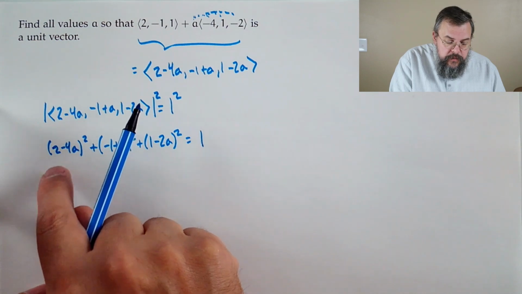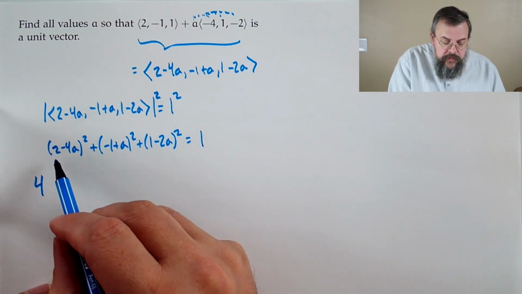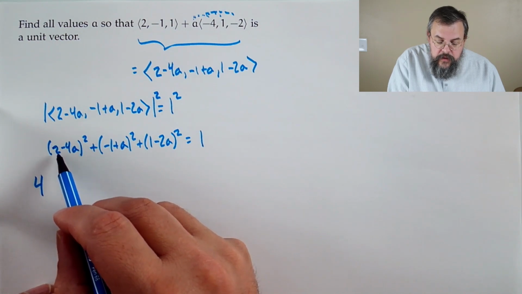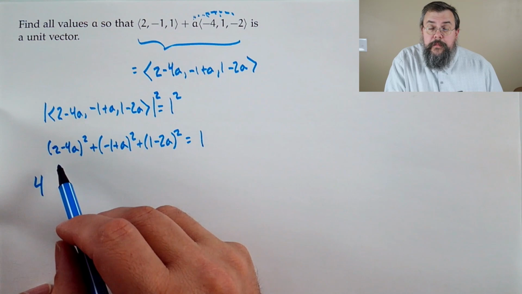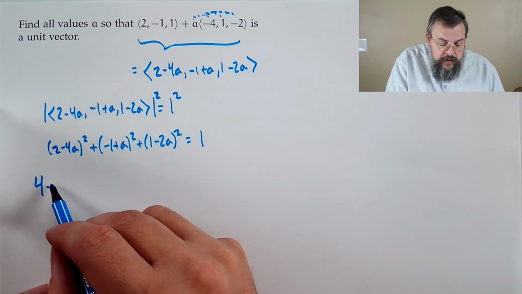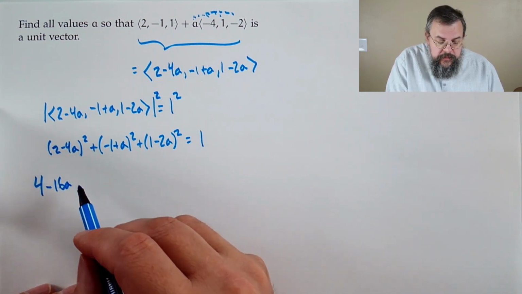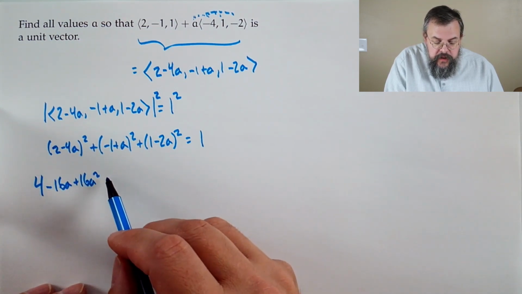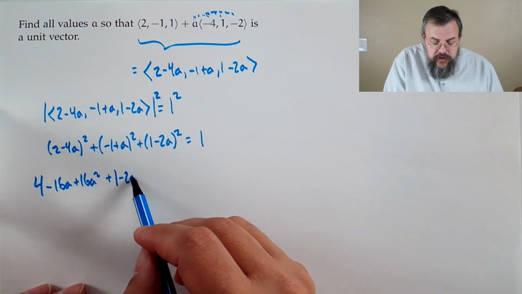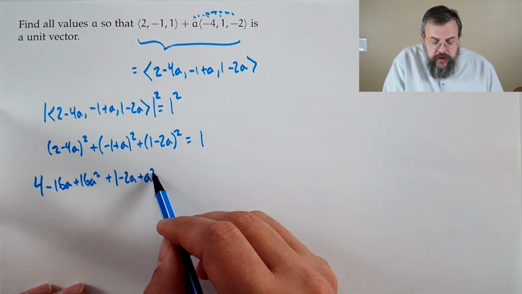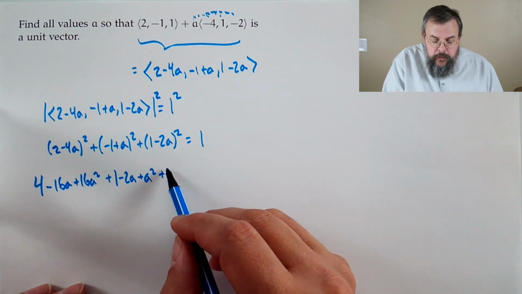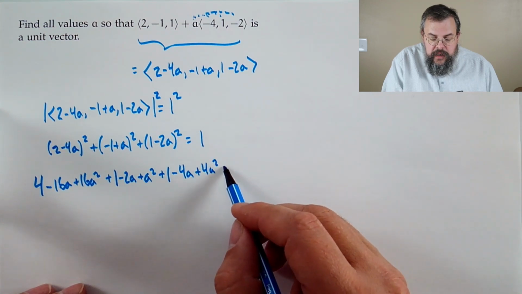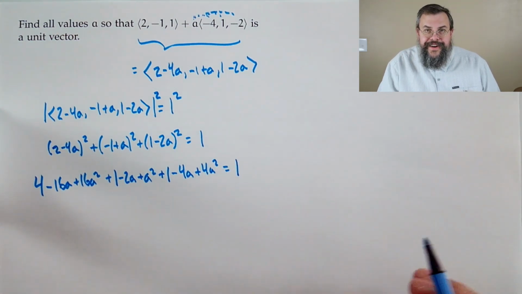So, (2 - 4a) squared is 4, minus 2ab, where a is 2 and b is 4a, so that would be 16a, and then the term on the end, 16a squared. Okay, so that's the first piece. Here, 1 minus 2a plus a squared, that's the second piece. Then 1 minus 4a plus 4a squared, and all that equals 1. All right, got it.